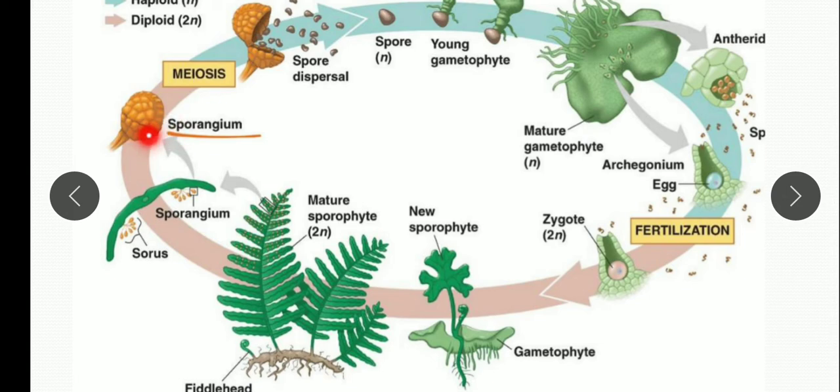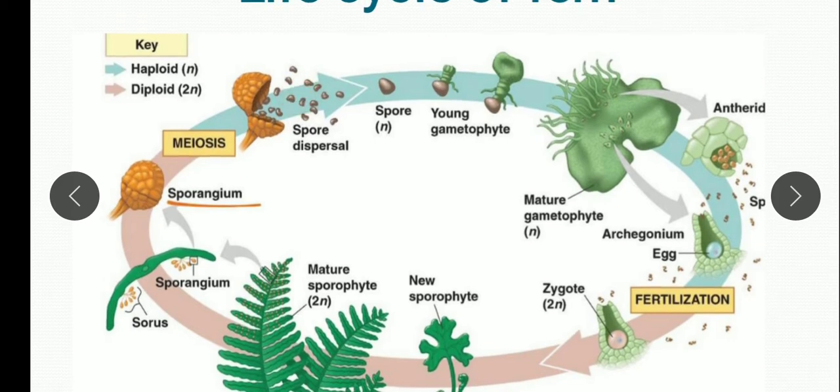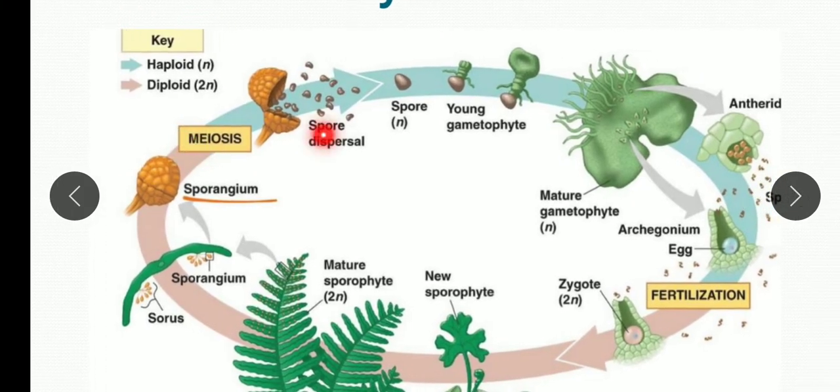Spore mother cell is in the diploid condition, and it undergoes meiosis. After meiosis, the spores which are formed are haploid. You can see here they are the haploid ones. Now these spores germinate into the young gametophyte, which we can call the prothallus also. So this is the gametophytic stage.